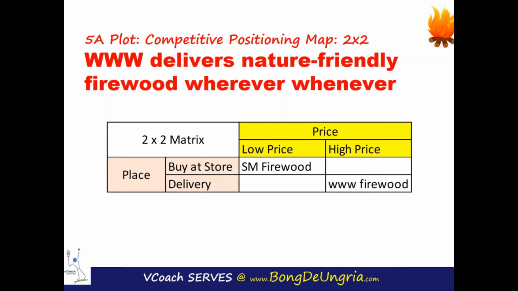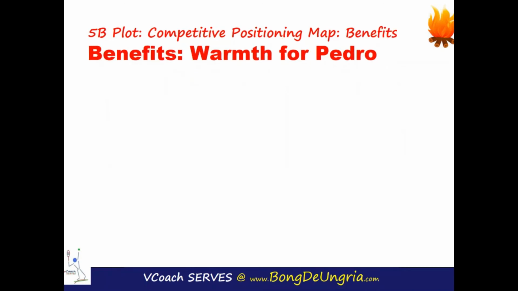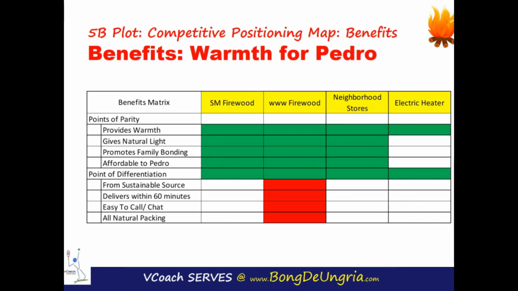So for this template, I always propose to use two positioning maps, a 2 by 2 matrix, and the other is a benefits map, where you list the common benefits that you share with your competitors, but more importantly, it should show your points of differentiation.